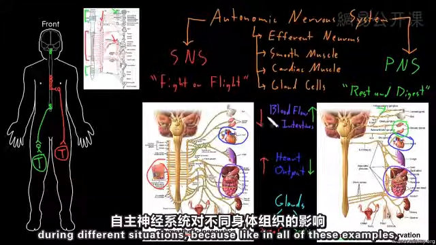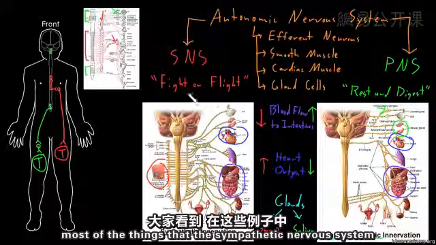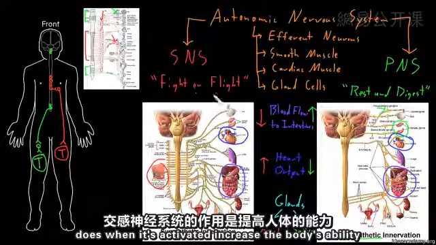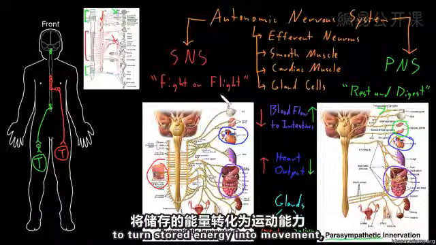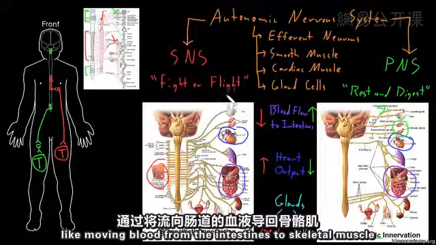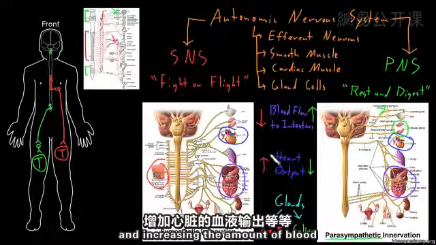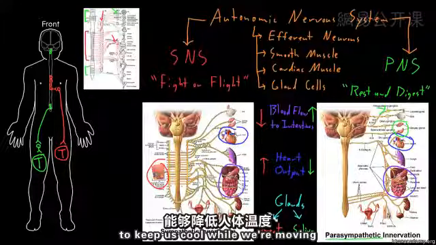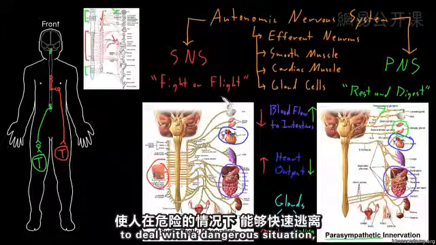Because, like in all of these examples, most of the things that the sympathetic nervous system does when it's activated increase the body's ability to turn stored energy into movement to deal with dangerous situations, like moving blood from the intestines to skeletal muscle, and increasing the amount of blood being pumped around from the heart, and increasing sweat production from sweat glands to keep us cool while we're moving to deal with a dangerous situation.